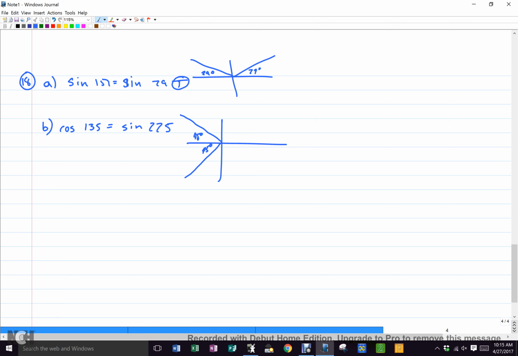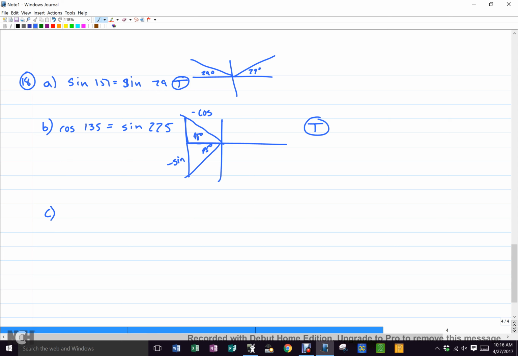So they both got the same reference angle, right? So I check this guy with 45, and this guy with 45. This 225 is going to have a negative sign because he's down here. This guy is going to have a negative cos. Their hypotenuses have to be the same. So, and this, if they're 45, have to be the same. So this is true.